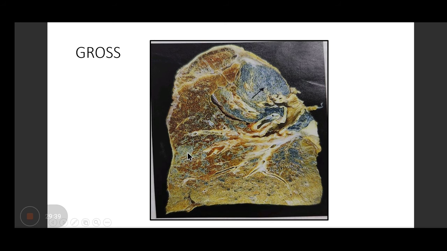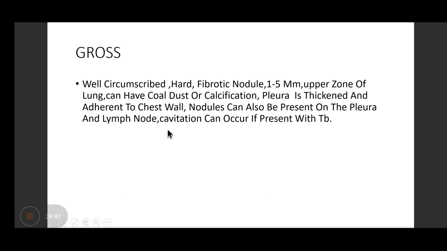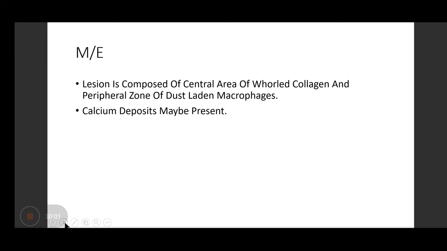And gross, as shown earlier, it was a well circumscribed fibrotic nodule in the upper zone. It can also have coal dust or calcification. Pleura is thickened, and nodules can also be present on the pleura and lymph node. And sometimes, if there is also tuberculosis, cavitation can be seen.